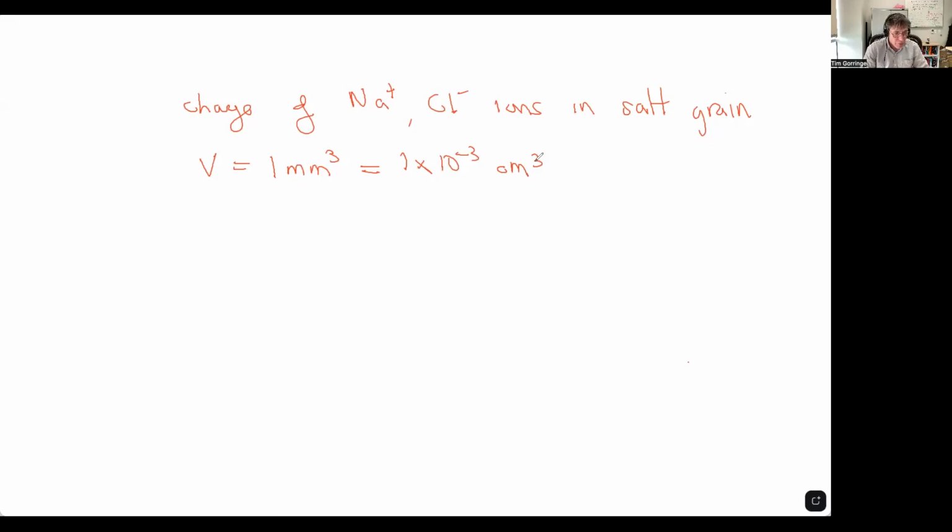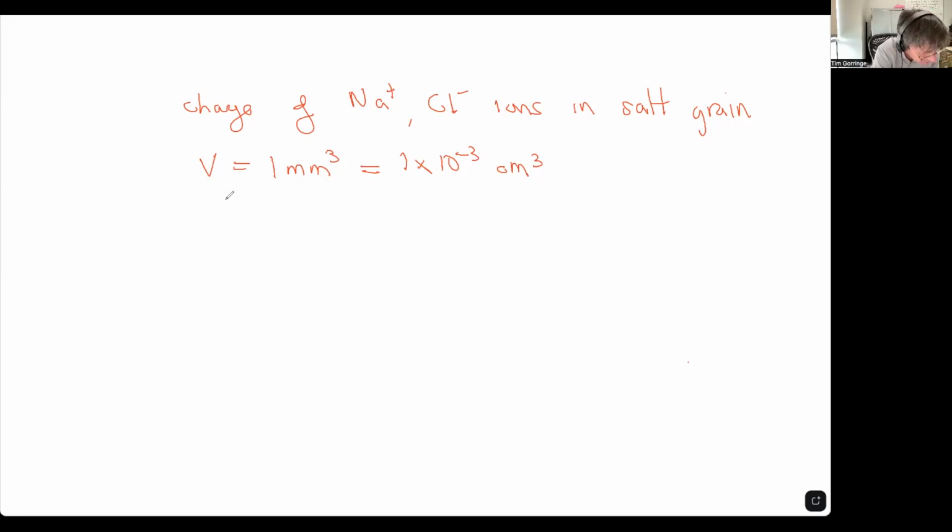The first thing I did was look up the density of sodium chloride. The reason is that I really want to figure out the mass of this 1 cubic millimeter of sodium chloride, because that's going to help me figure out the number of sodium ions and chlorine ions in this grain of sodium chloride.